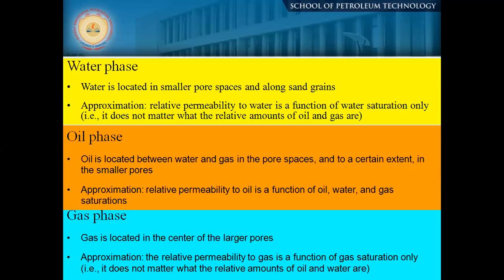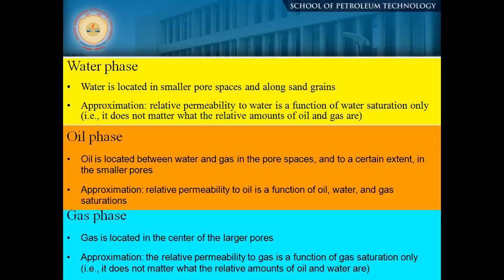Yes. And for relative permeability, if the rock is water-wet, water will occupy the surface of the big pores also. So water will be occupying the small pores of the reservoir as well as the surface of the rock grains if it is water-wet. Now the oil phase.